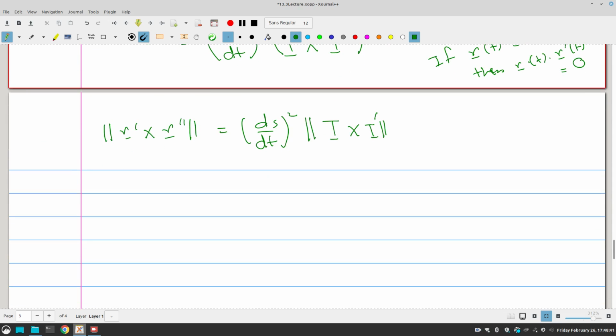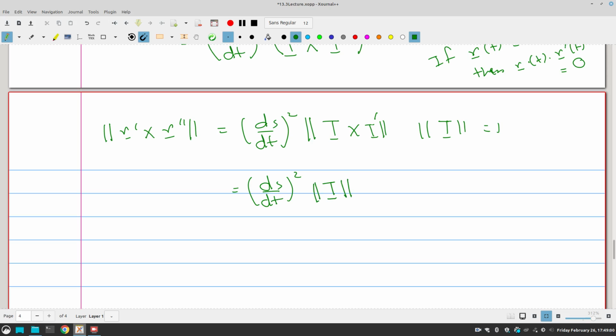Since T has magnitude 1, it is the unit tangent vector. So this is equal to ds over dt squared times the magnitude of T times the magnitude of T prime times sine 90 degrees.